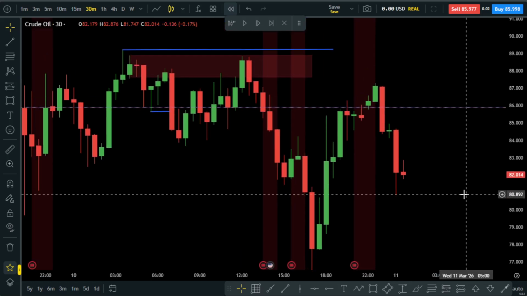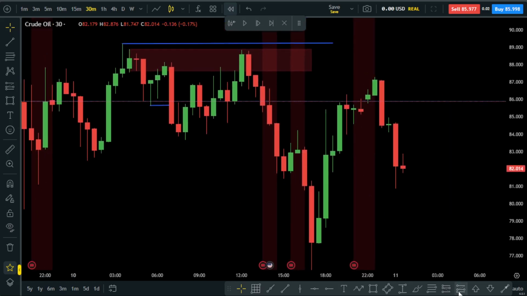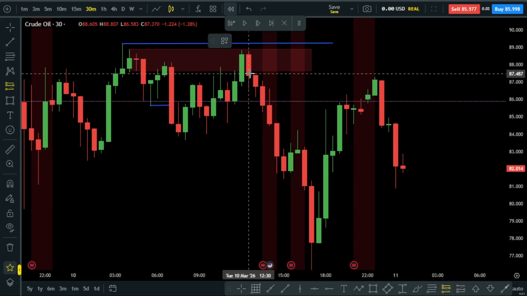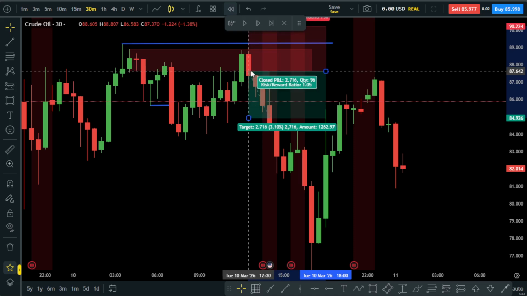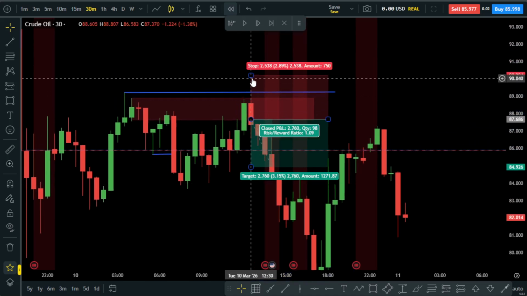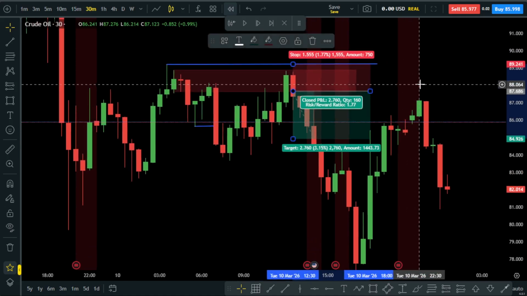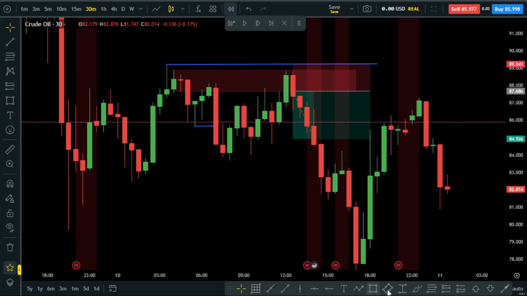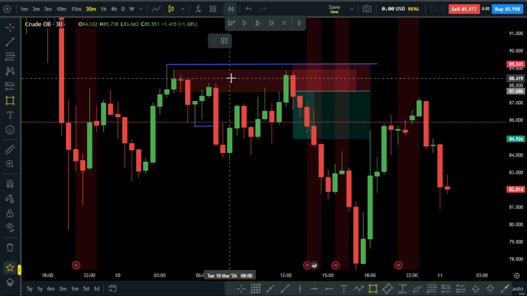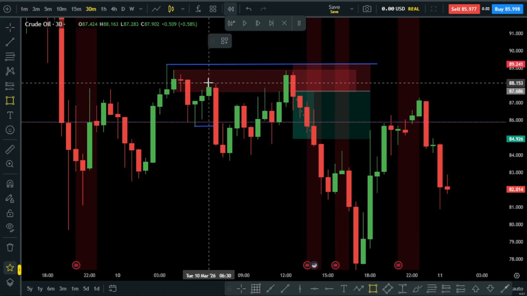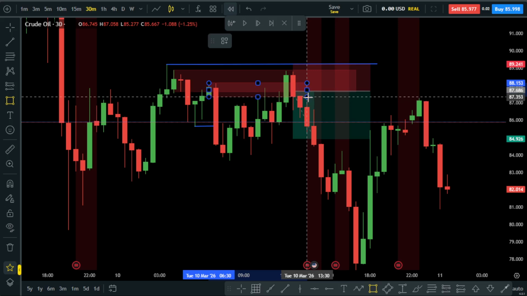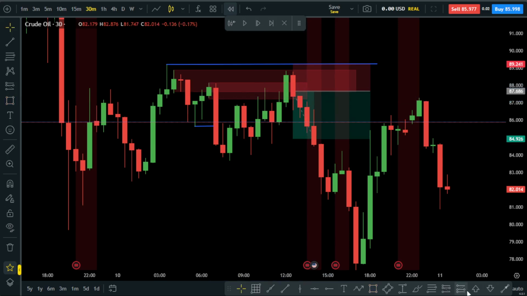So if you sold here, your stop loss could have been here. But those who thought of selling from this order block, see what happened to them.